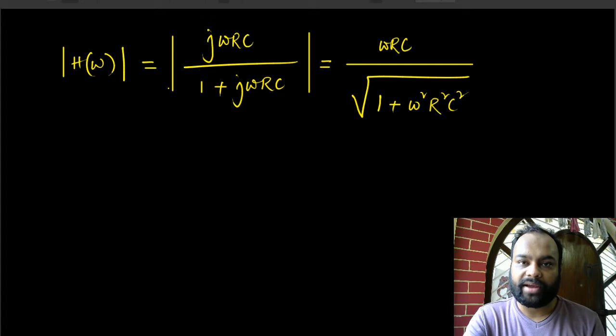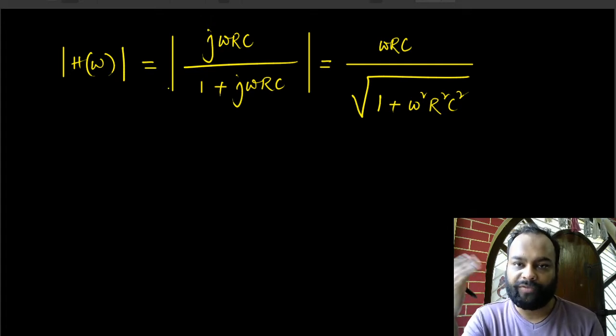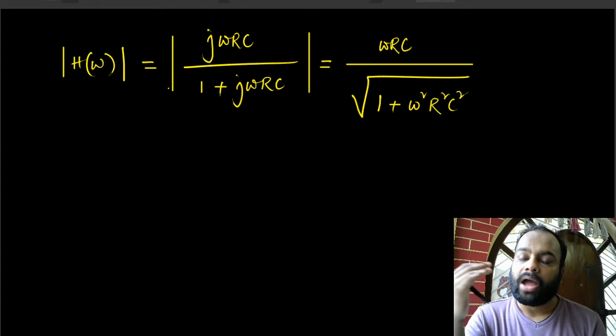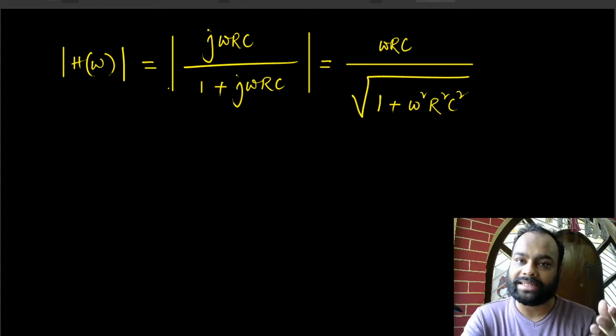If we can figure out how the system responds to different frequencies, we can figure out how the system would behave for any input signal, because any input signal, as long as it satisfies the Dirichlet conditions, has a Fourier transform representation.